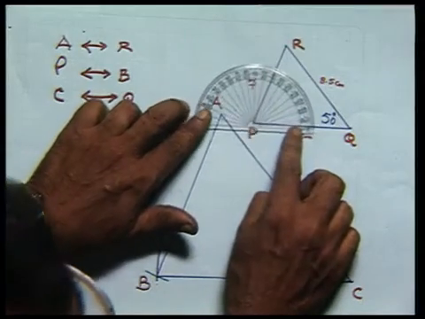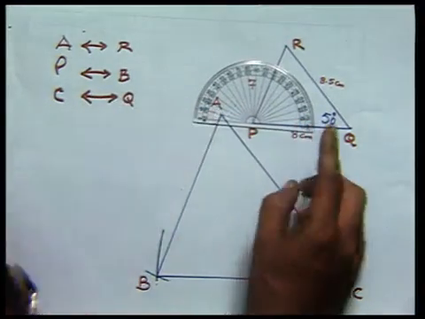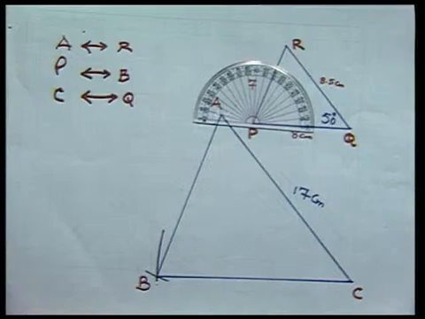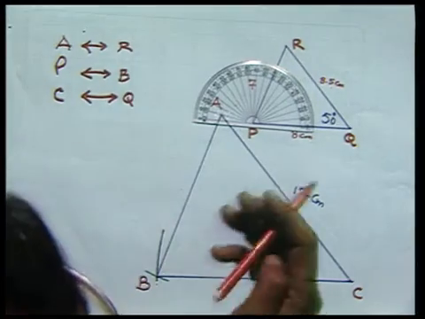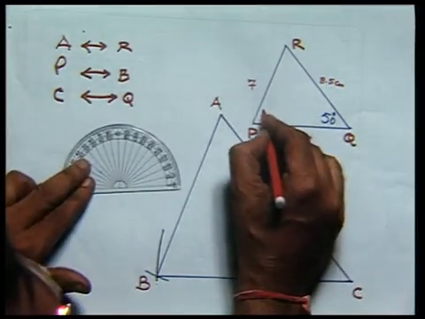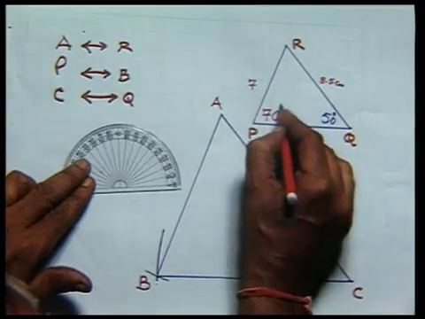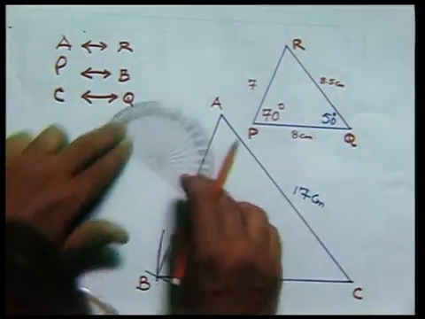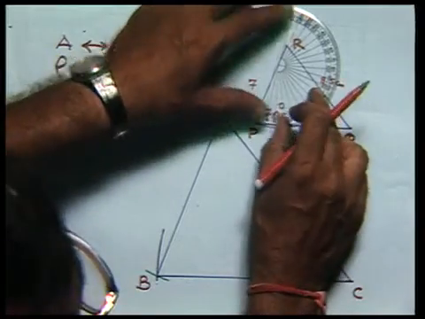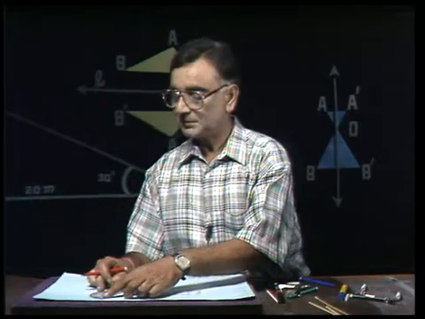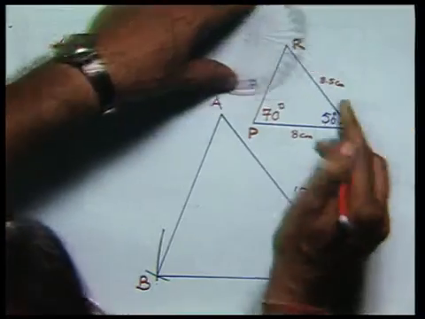Angle P is 70 degrees and the third angle is 60 degrees.